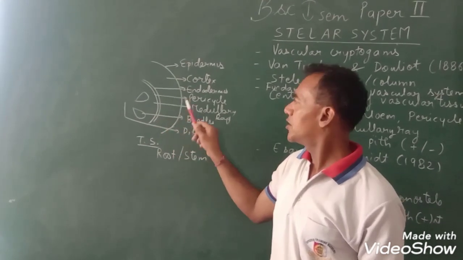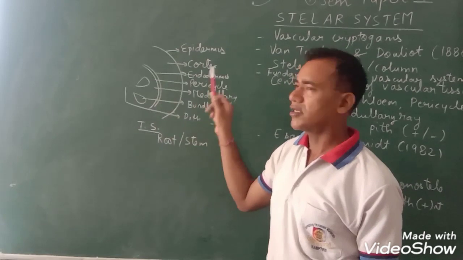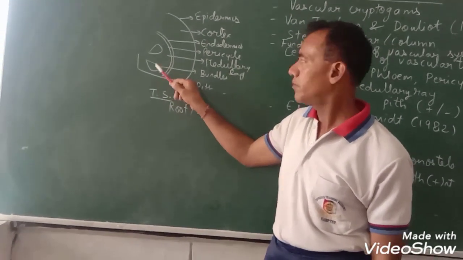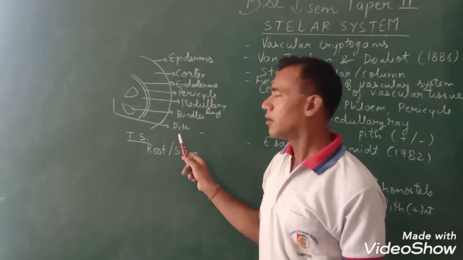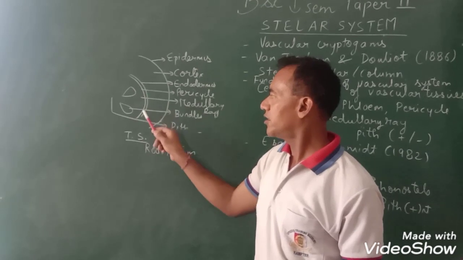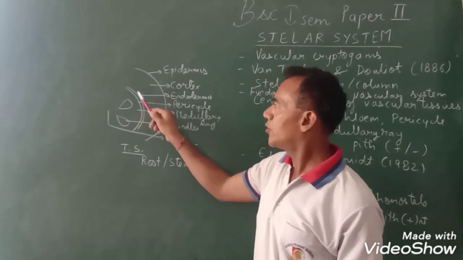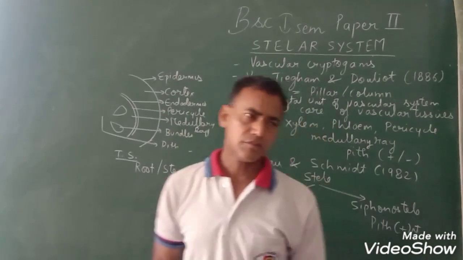Just next to it is the pericycle, and inside, the entire cylinder is made up of vascular bundles consisting of xylem and phloem, medullary ray in between bundles, and in the center pith. Pericycle is the outermost layer of this central core, while endodermis is the innermost layer of the cortex.